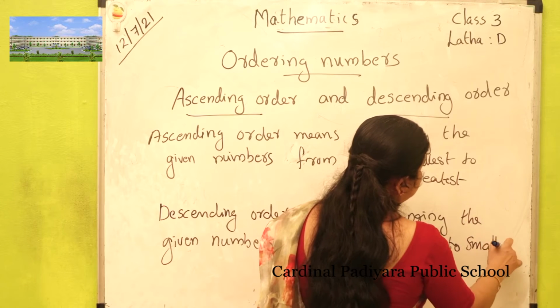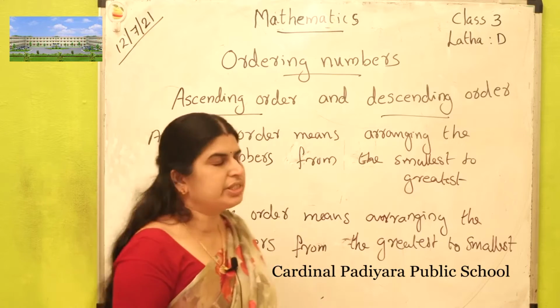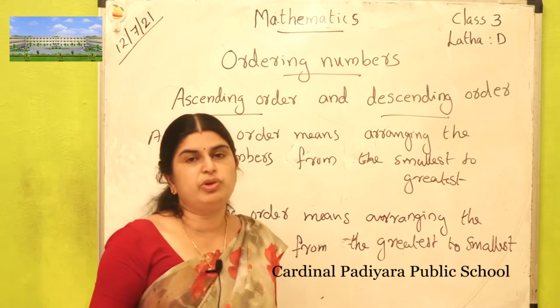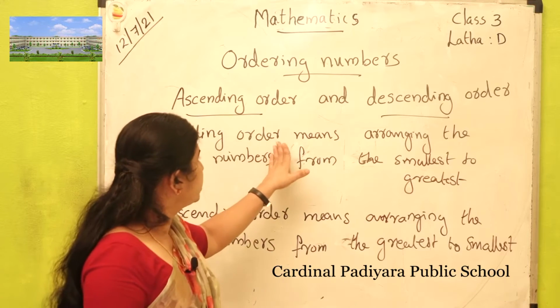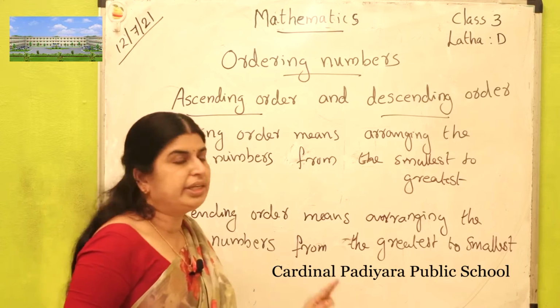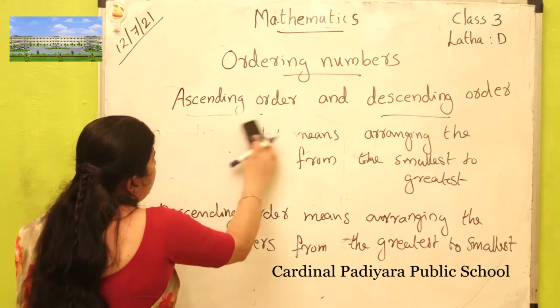That is in decreasing order. Ascending order is arranging smallest to greatest, and descending order is arranging greatest to smallest. Ascending order means increasing order, but descending order means decreasing order. Then let's take an example.